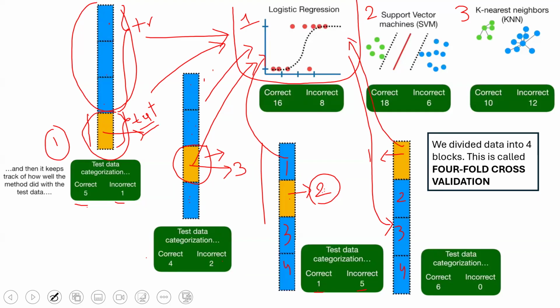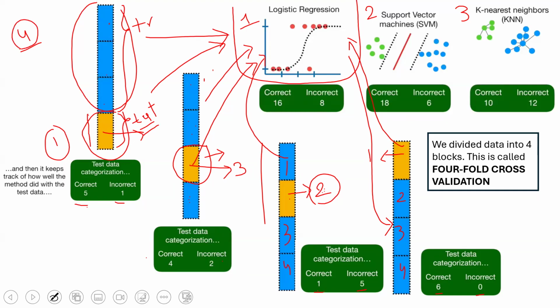And now you got the results on the test data set as 6 correct and 0 incorrect. So this is what cross validation actually does: it breaks up the data set into different combinations. If you want to break this total data set into 4 parts, it combines all possible combinations of these 4 parts.